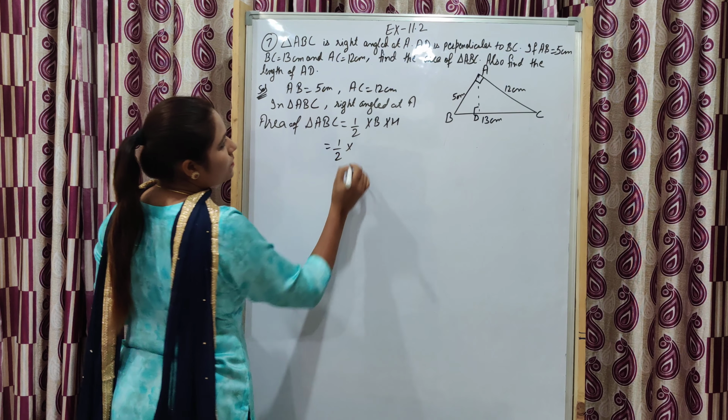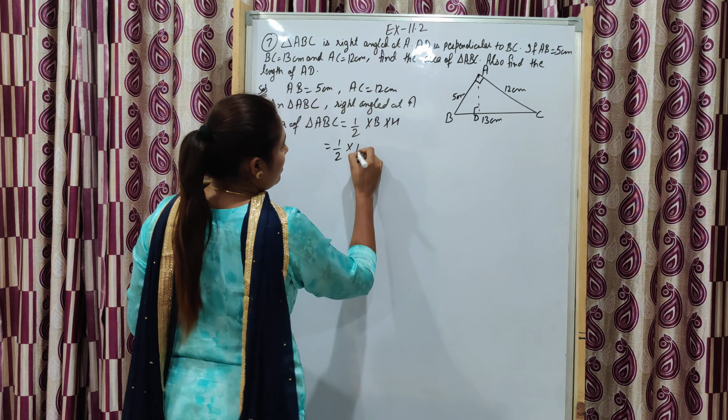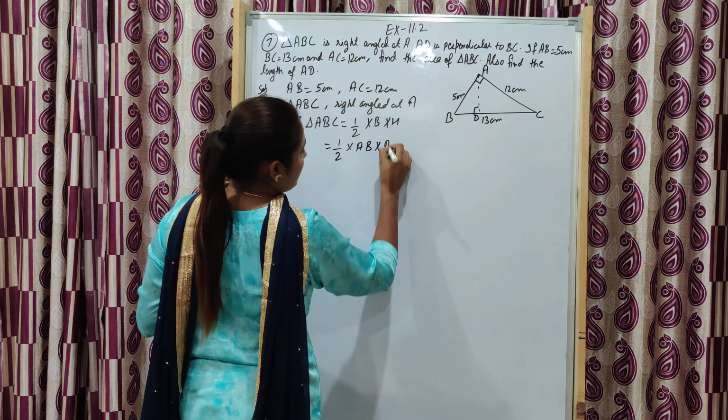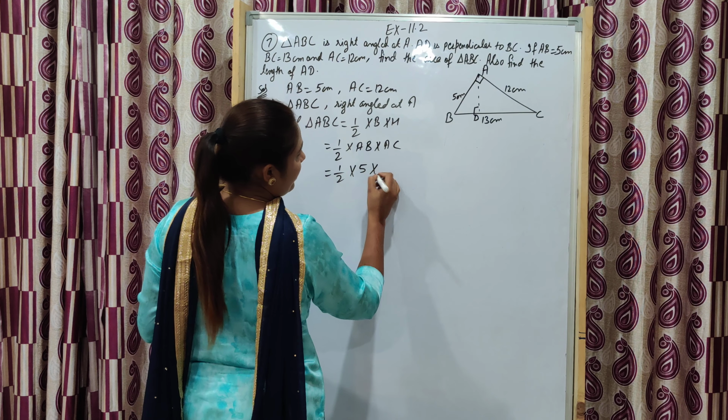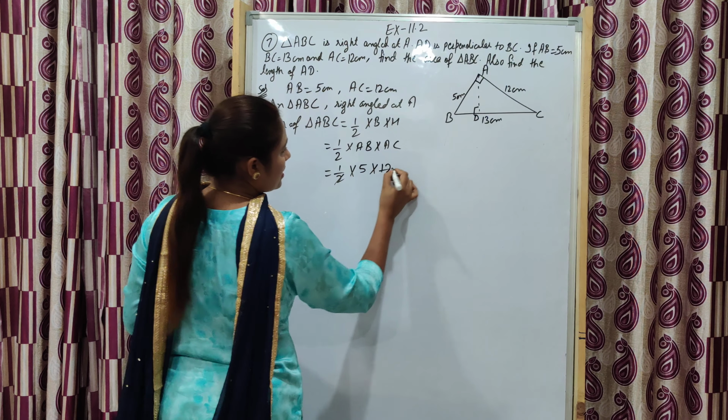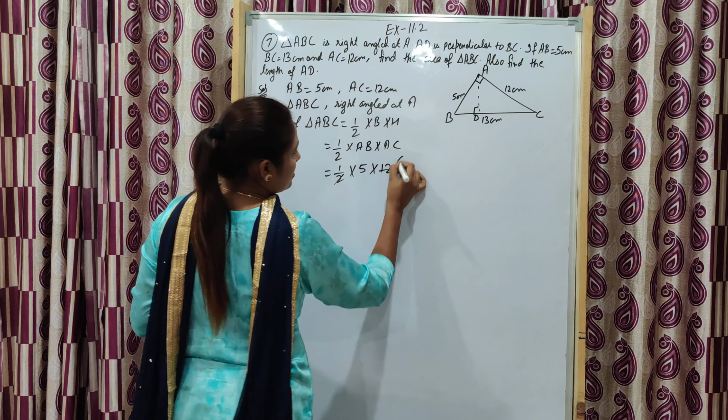So base, what is base here? Base is AB and height is AC. So you will put the value AB, that is 5, and AC, that is 12. 2, 6, 12, 5 into 6, 30 centimeters square, because it's area.